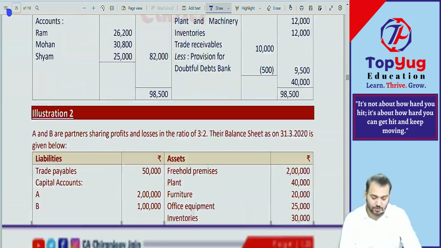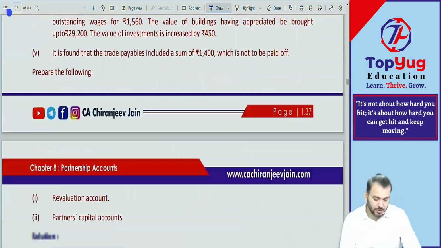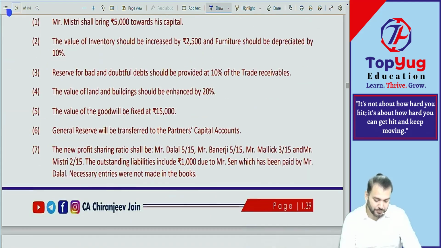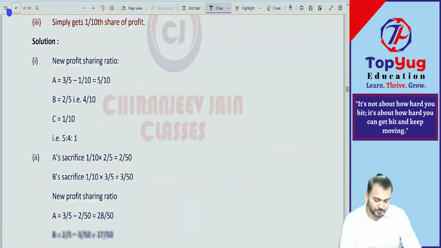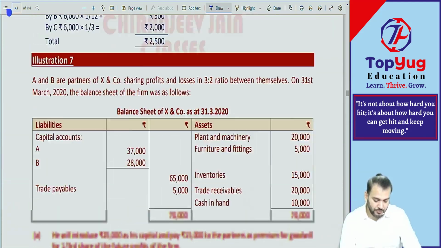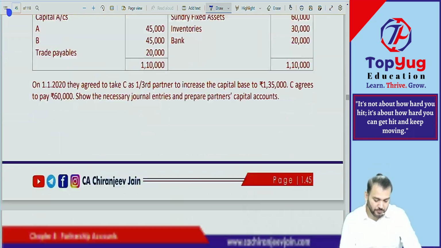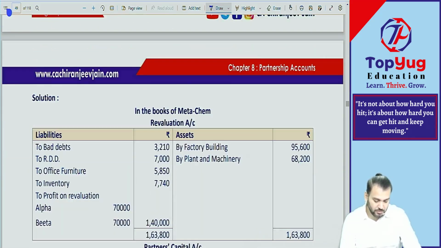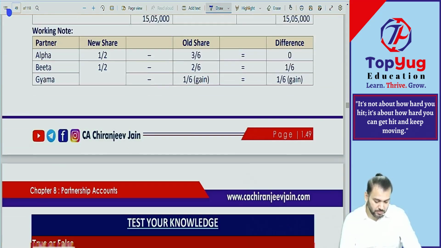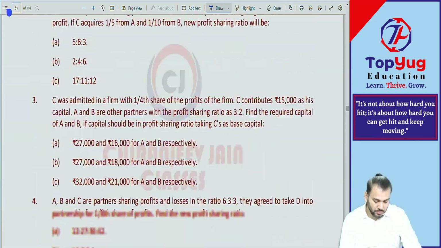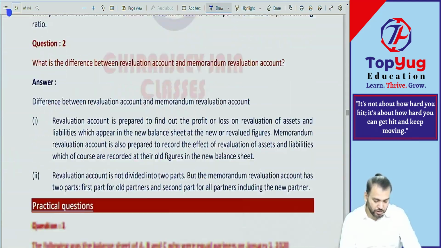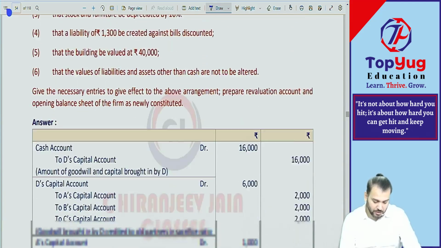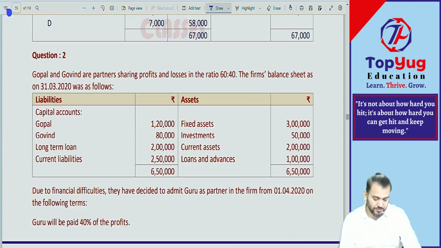Question number 2. Practical question 2. Gopal and Govind are partners sharing profit and losses in the ratio 6:4.